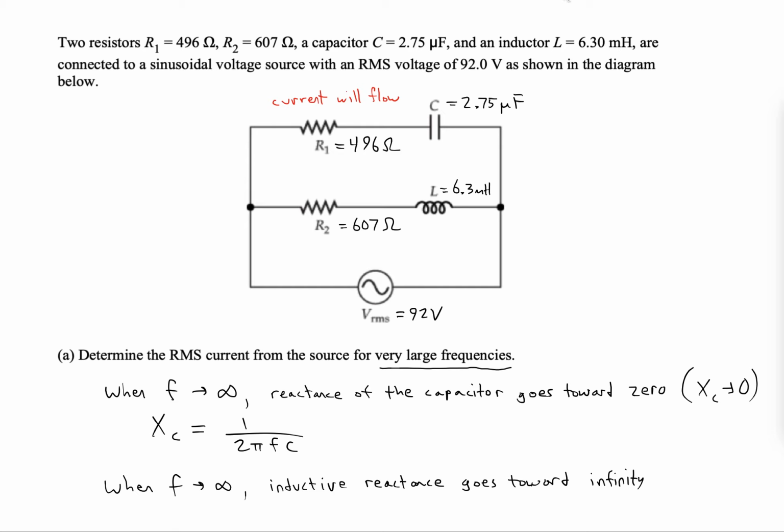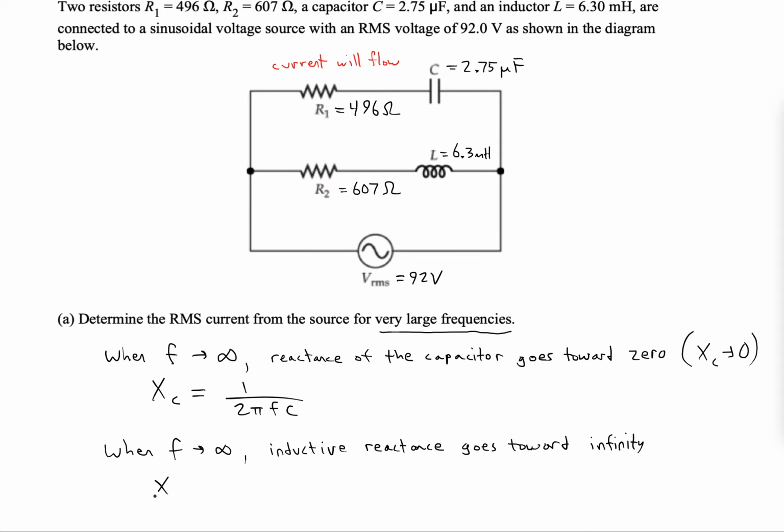Now, why should this be the case? Because of the formula XL equals 2 pi f L. So clearly, if f were to go toward infinity, then XL would go toward infinity as well. So that means that in this middle branch, no current can flow.